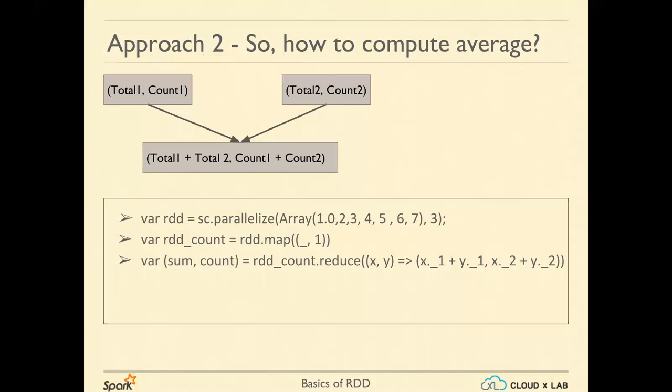The way we are computing the average is by totaling the totals and by summing up the counts, both things in a single pass, so that we don't have to execute two jobs separately.